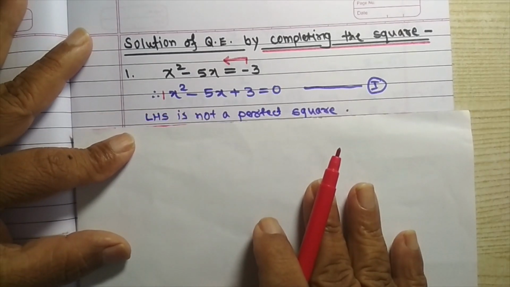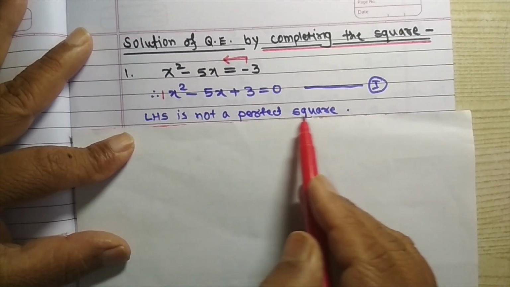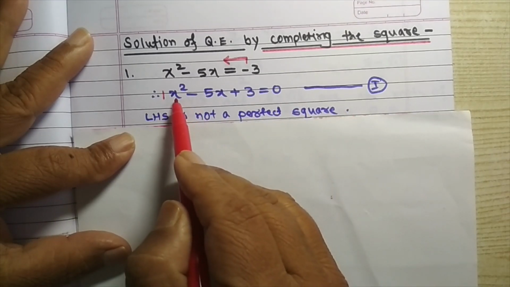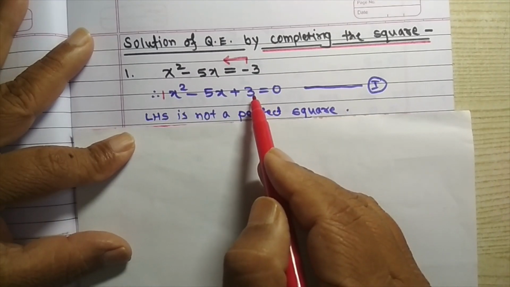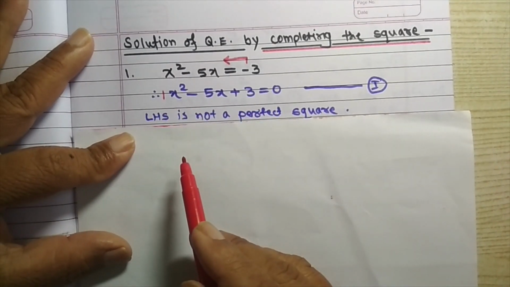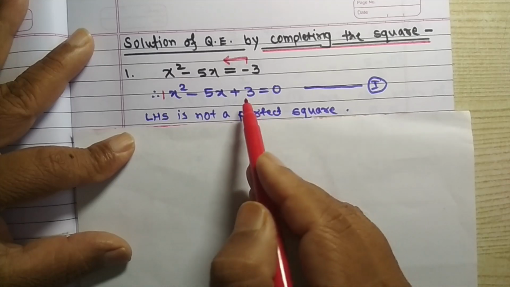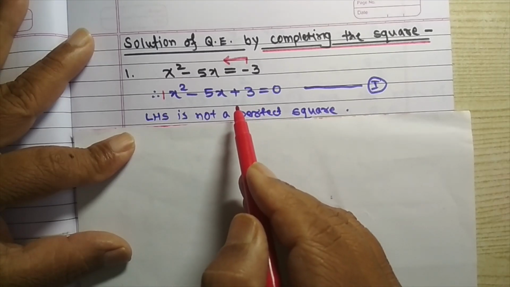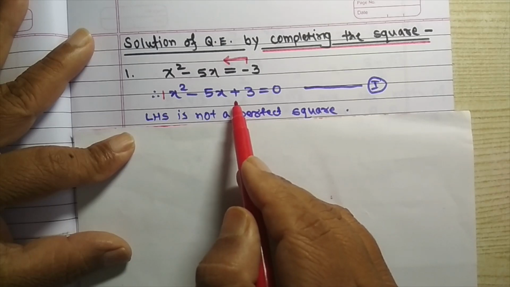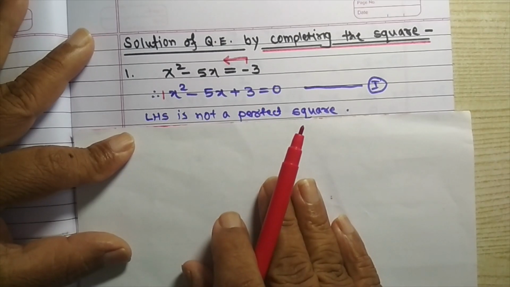In this case, see here, LHS is not a perfect square. We have to take the square root of this one, that is x, the square root of this one, that is root 3. But this is not a perfect square term. We have to add a perfect square number to the left side, and also we have to subtract that perfect square number.